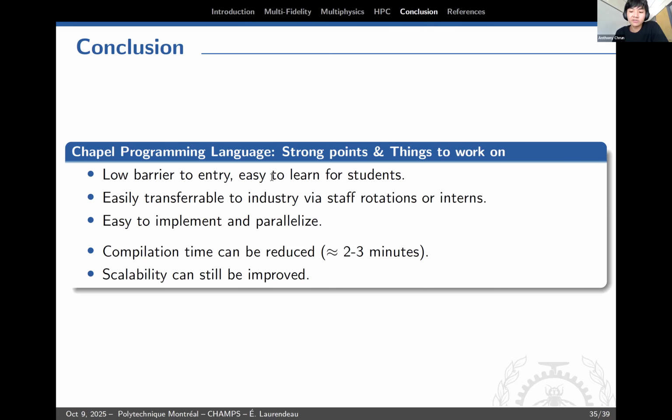But obviously, there are some areas to be improved on, such as the compilation time, which can be reduced, as it basically slows the productivity by a lot because we need to compile every time we need to debug. And also the scalability, especially for very, very big problems that use hundreds of millions or even billions of cells. The scalability in that part can be improved on our side.